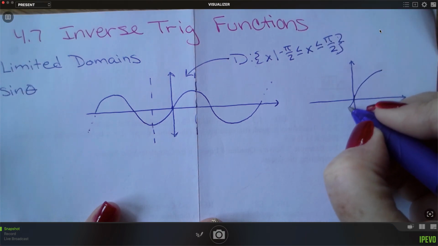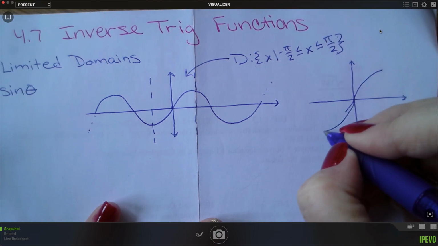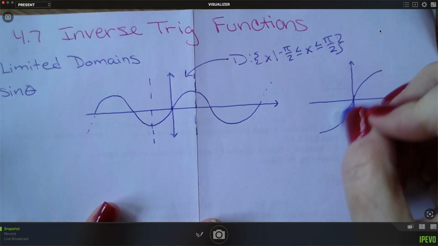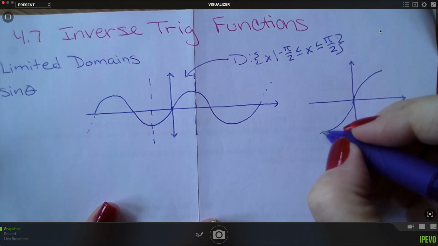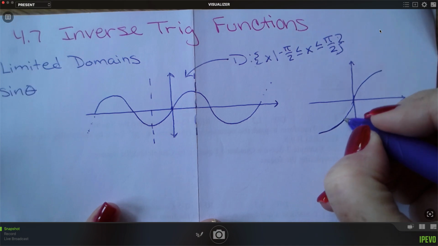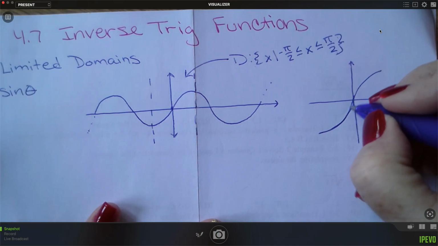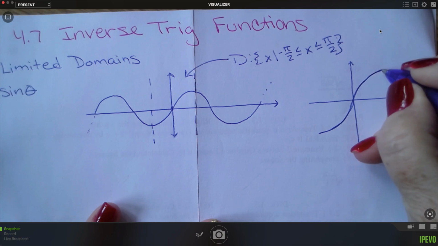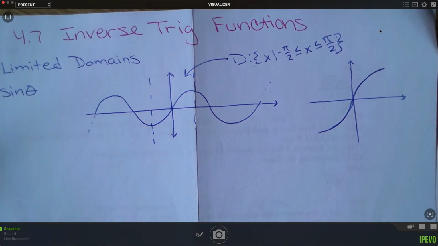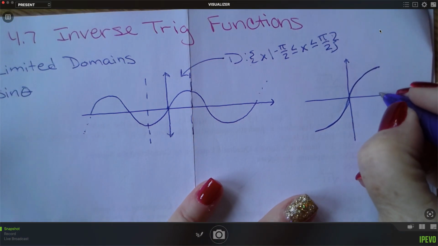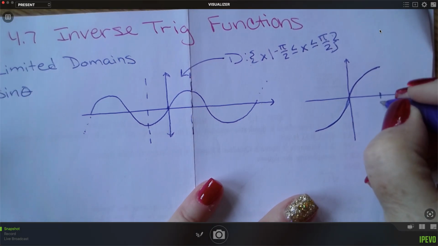That looks like what? Kind of like tangent, right? It's not as curvy as tangent, but it's still similar.